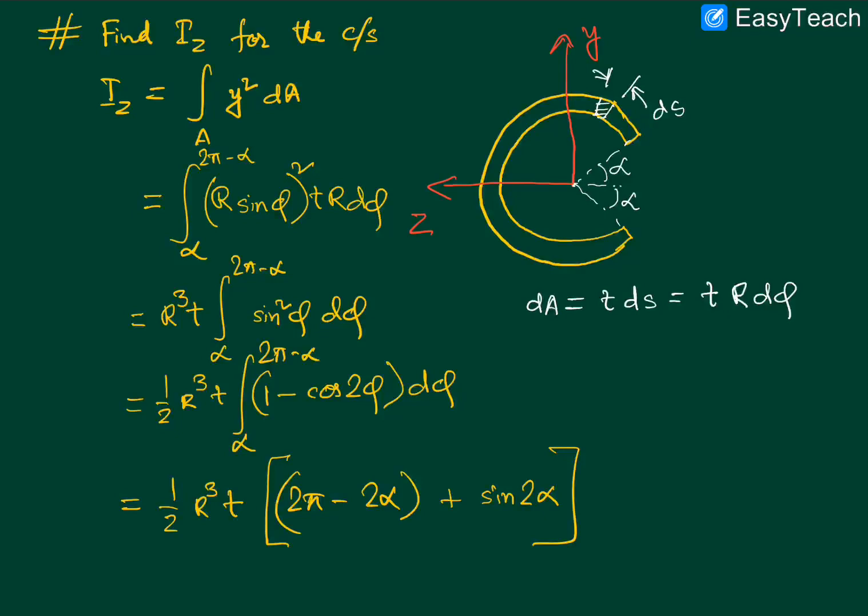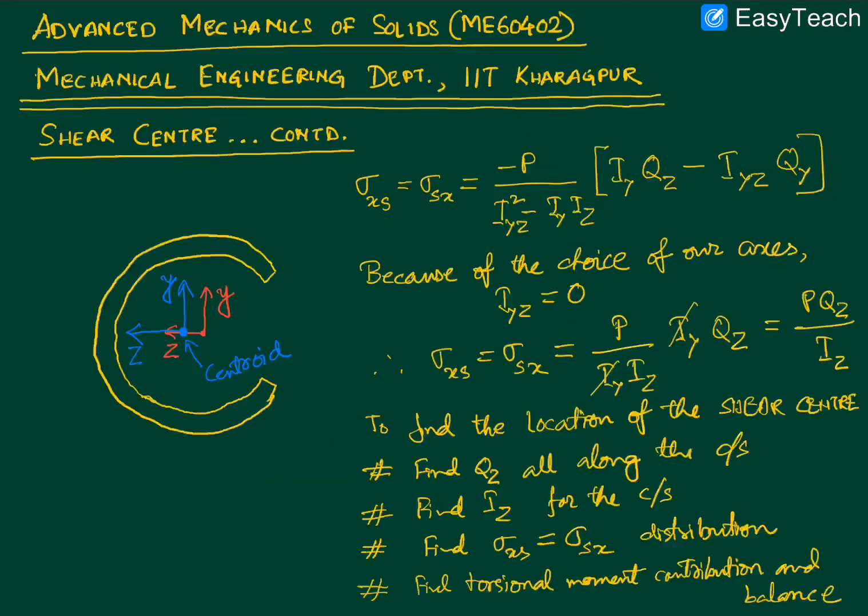So let's take an account of what we have achieved till now as far as the steps required to find out the location of the shear center is concerned. So going back to the previous page, we see here that we have already done this step, find Qz all along the cross section. We have also just found out the value of Iz.